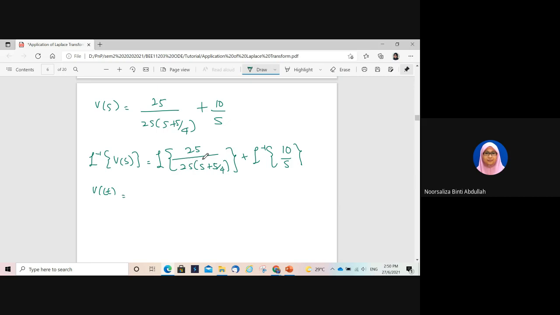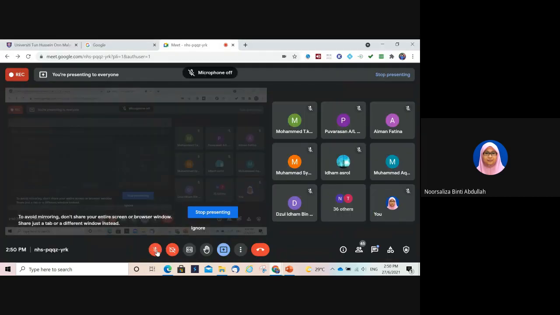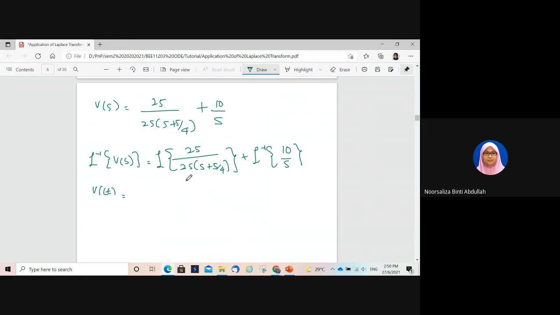Then inverse for 25 over 2S plus 5 over 4. Okay, so this one, you have to use a partial fraction ataupun pecahan separa.